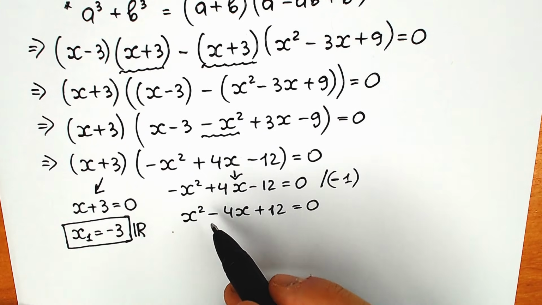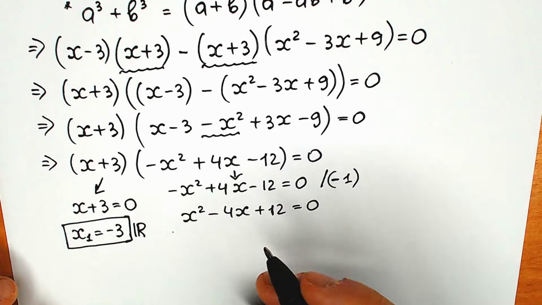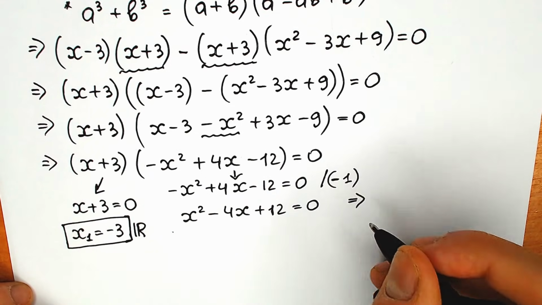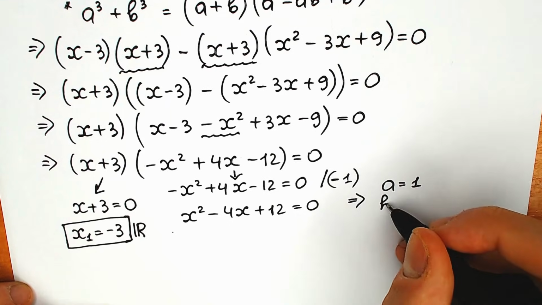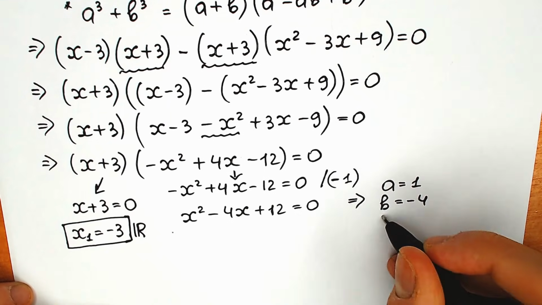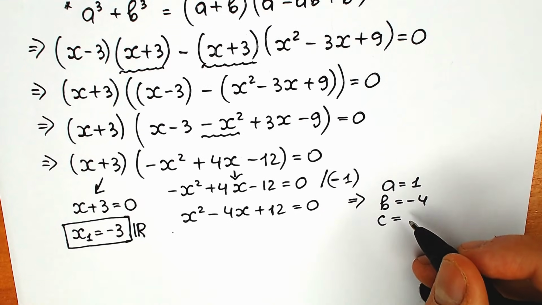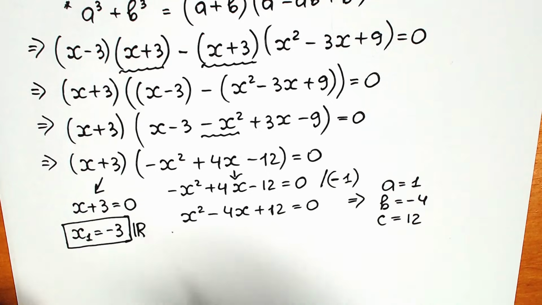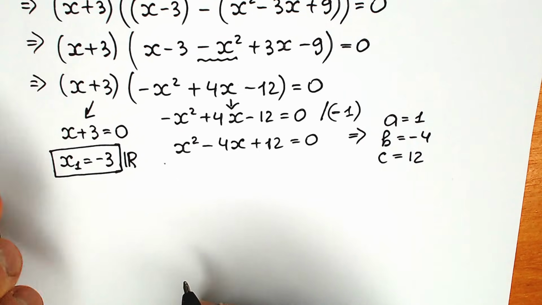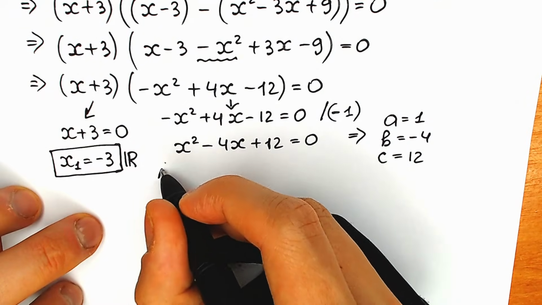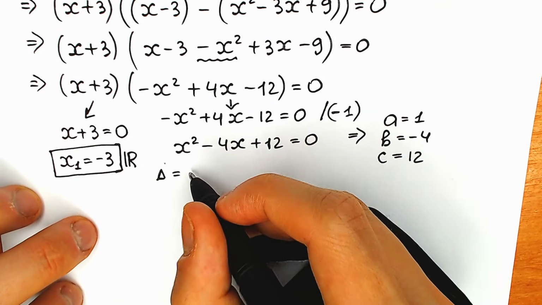We're going to solve this second branch. This is up to you. I prefer a classic method of coefficients. So from here, a equal to 1, b equal to minus 4, and c equal to 12. And right now let's solve it for a discriminant, d equal to b squared minus 4ac.